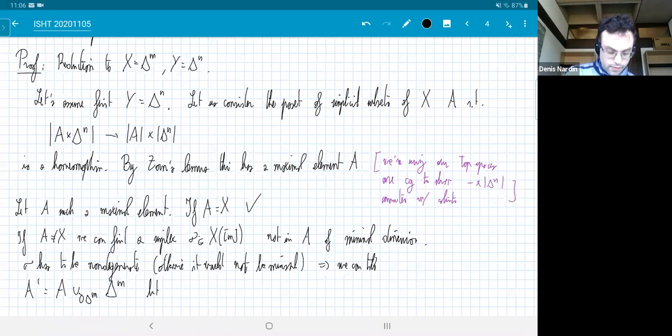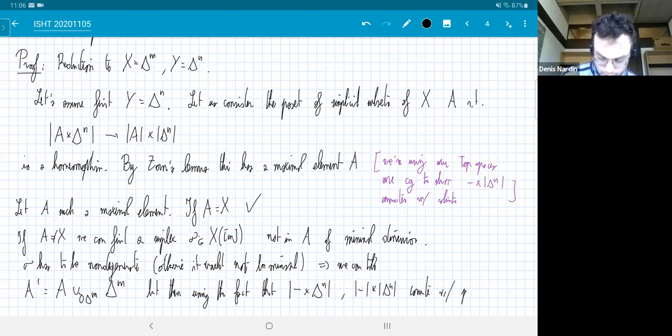But then, I cannot believe I already ran out of space, using the fact that these and these commute with colimits, commute with pushouts, we get a contradiction. Because this is saying that A prime is also in this poset, but this contradicts the maximality of A.